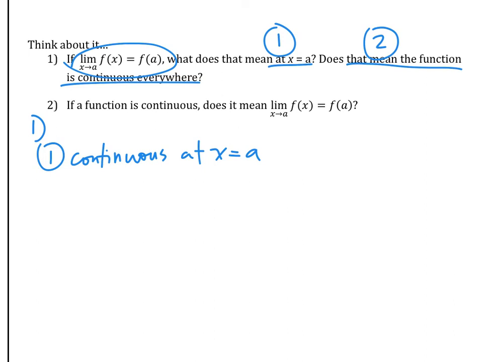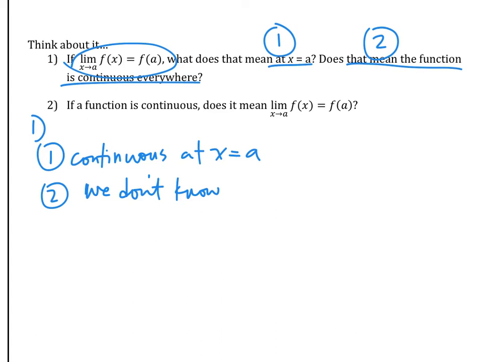Okay, so that leads to the second question. Does that mean the function is continuous everywhere? We don't know. We know that it's continuous at a because that's the only information given. It could be discontinuous elsewhere.